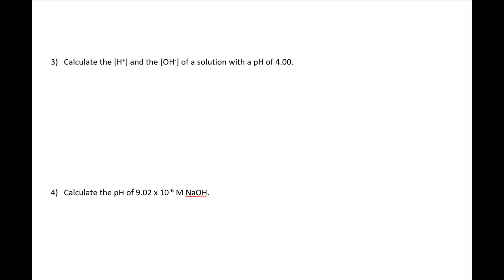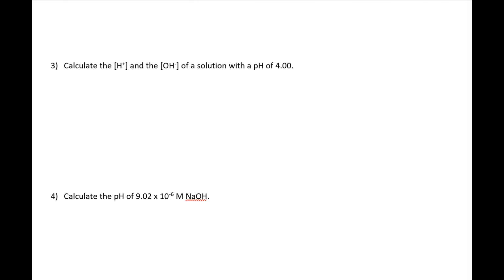Number 3, calculate the hydrogen ion concentration and the hydroxide ion concentration of a solution with the pH of 4. So pH is equal to the negative log of hydrogen ions. So the anti-log, or the inverse log, would be: the concentration of hydrogen is equal to 10 raised to the power of negative pH. This equation is not on the formula sheet, so this is very useful to know.